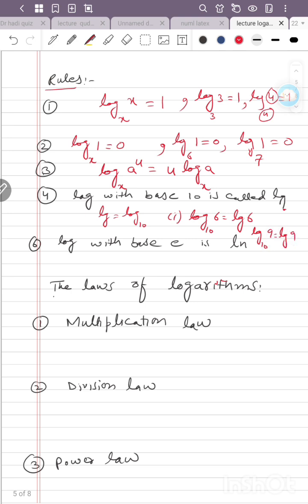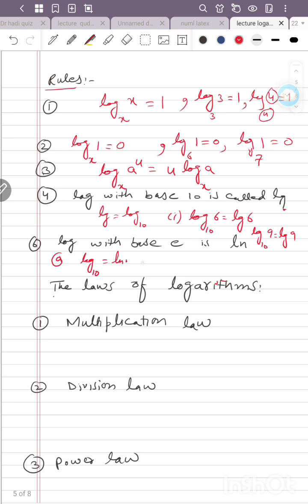Number 6 is another very important property: log with base e is ln. This property is very commonly used in logarithmic questions. If you have log with base e, you write it as ln.